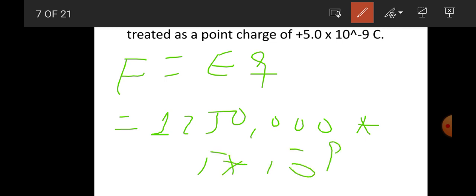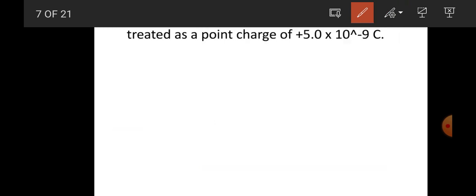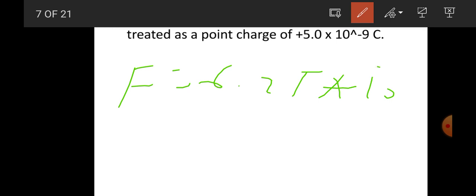So force is equal to 6.25 times 10 to the power of minus 3 newton. This is the force on the sphere placed between the parallel plates.